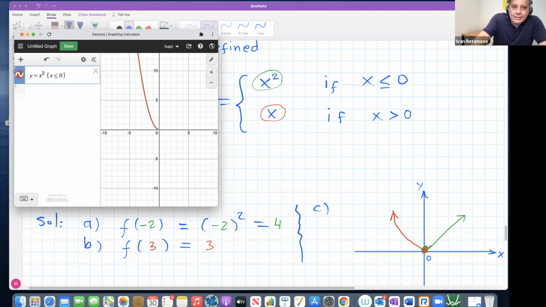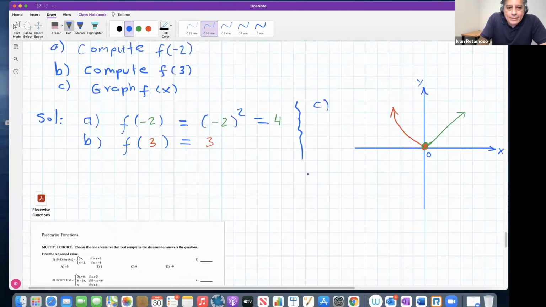Great. Done with this part. Now for the identity function, y equals x, again within braces, write x greater than 0. And then our basic tool will give us the parabola and then this identity function, the diagonal line, right? Use it if needed. Okay, great.